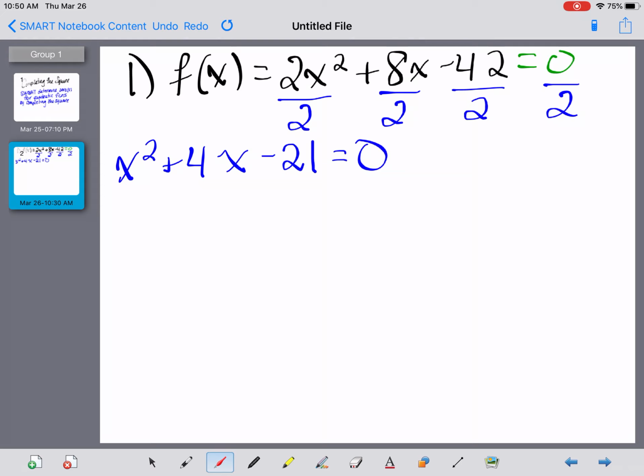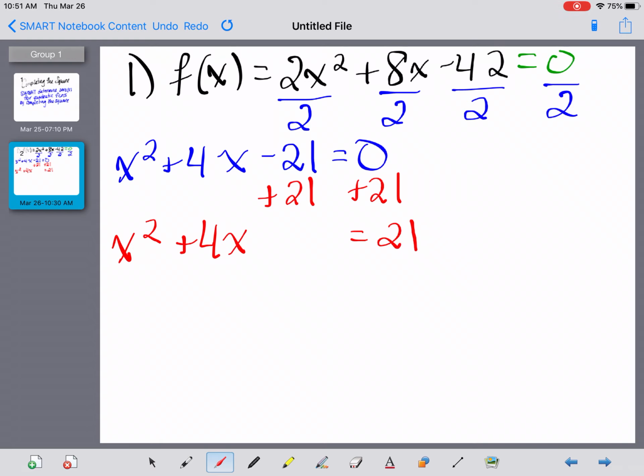All right, so what we're going to do is add 21 to both sides. That's effectively going to get rid of my c term, and then I'm going to make a whole new c term up. So I get x squared plus 4x, there's nothing there, I'm going to leave a blank there, equals positive 21.